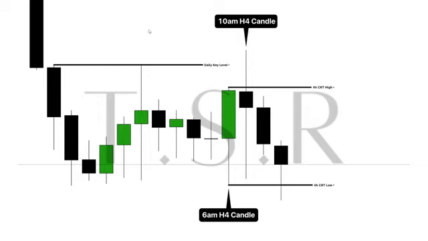The reason this setup right here is high probability compared to a normal CRT without the key level is in fact because we have 4 confirmations rather than 3.